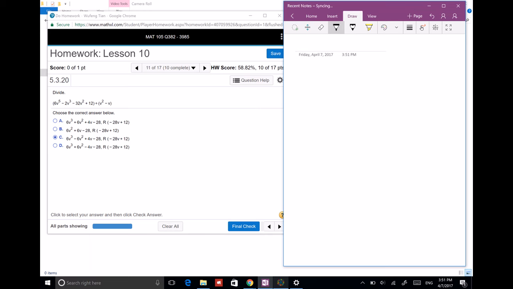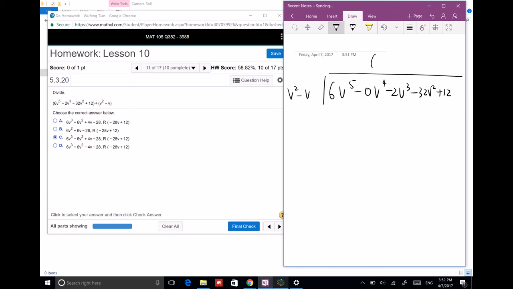Okay. So 6v^5 minus 2, we'll just do a 0. 0v^4 minus 2v cubed minus 32v squared plus 12 divided by v squared minus v.